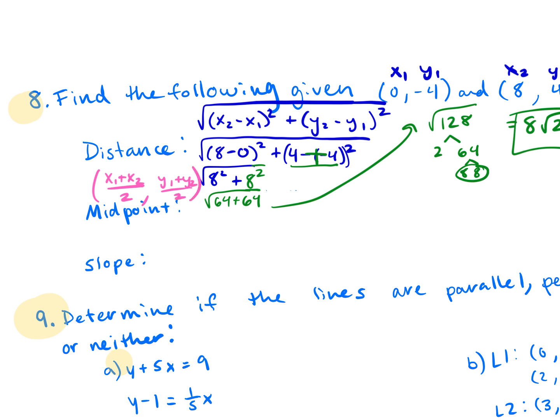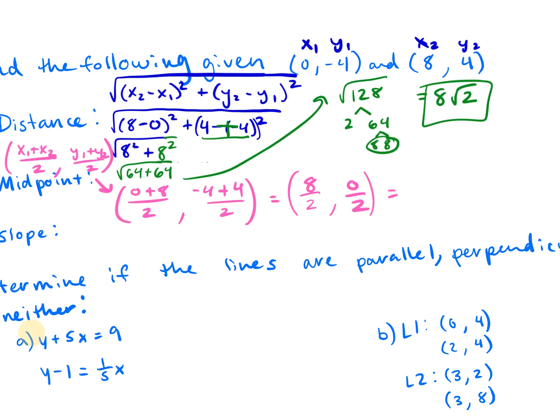So we're just finding the average of the x's and the average of the y's. So this would be 0 plus 8 over 2, comma, negative 4 plus 4 over 2. So 8 over 2 and 0 over 2. Which would simplify to what? 4, comma, 0. Awesome.